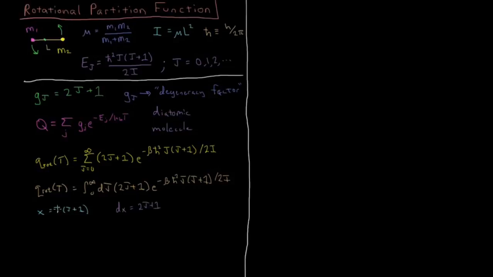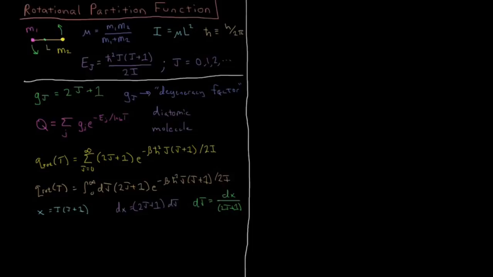If you take the derivative of j times j plus 1, this is j squared plus j, the derivative of that would be 2j plus 1. Okay, and then 2j plus 1 times dj. So to complete the substitution, we have that our dj here is going to equal dx over 2j plus 1.